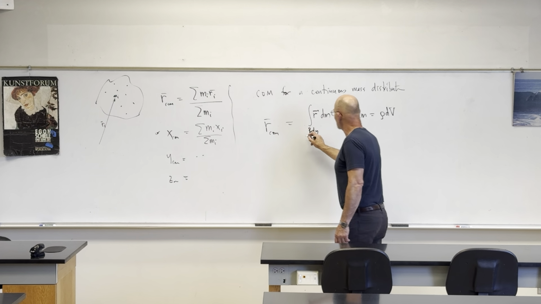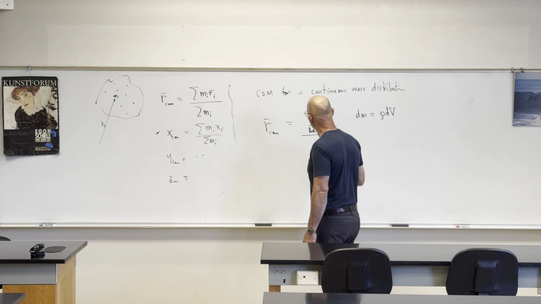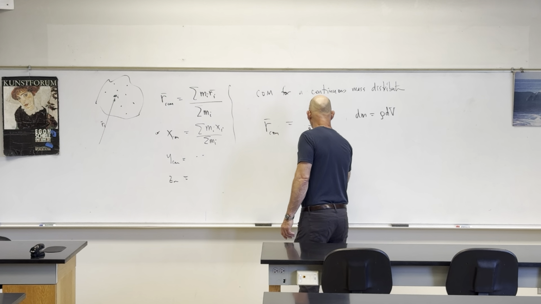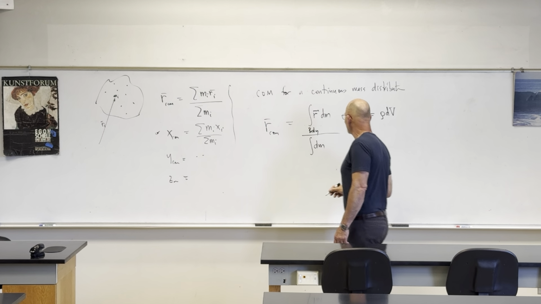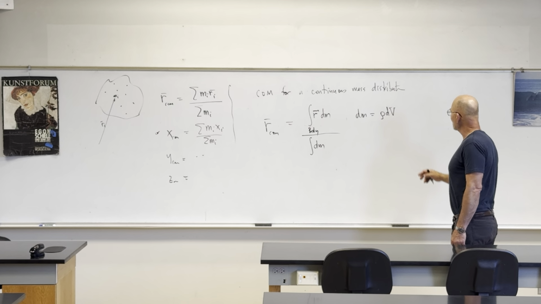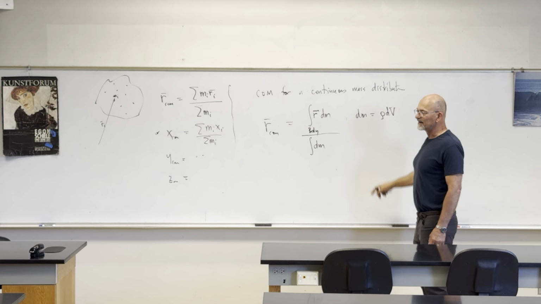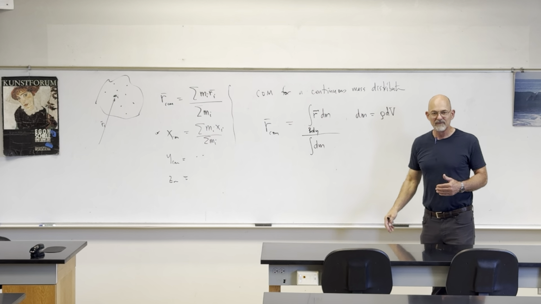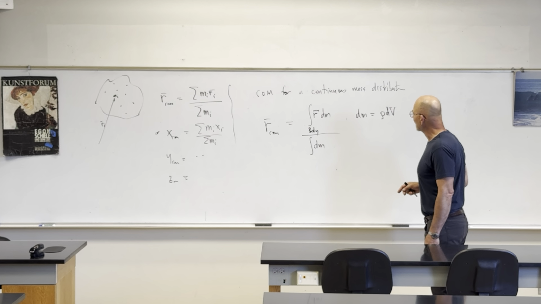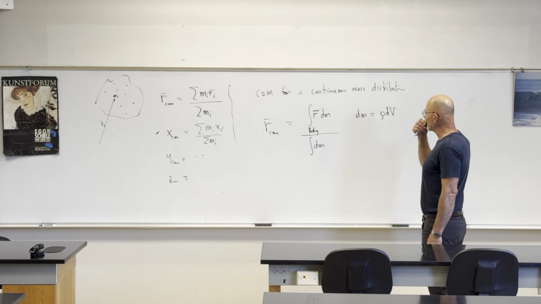For the denominator, it's just going to be the total mass, the integral of dm. I'll write it this way because if you don't have a constant density, you can't just say mass per volume for the whole thing the way we've been doing. Okay? So we'll do a couple of examples here.